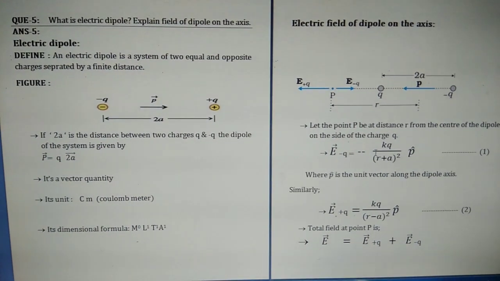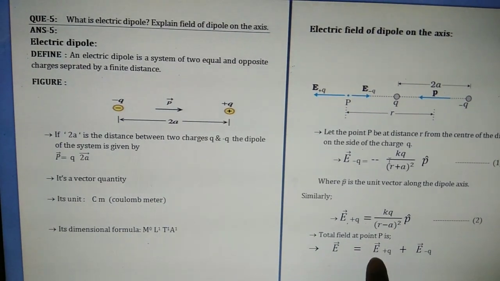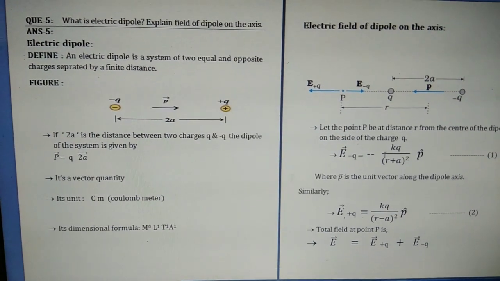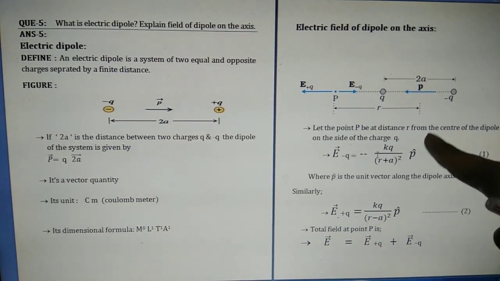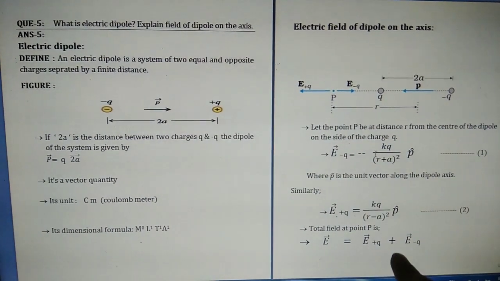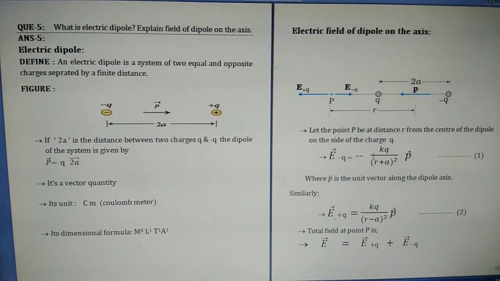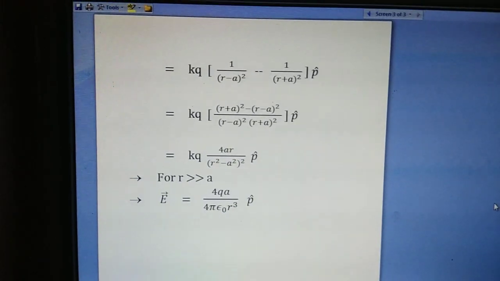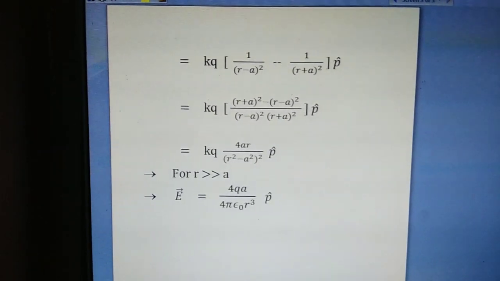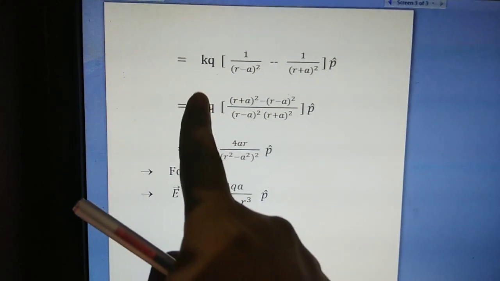Now the total field at point P is the simple summation of the electric field due to the positive charge and the electric field due to the negative charge. Substitute the values from equation 1 and equation 2, taking kq common.